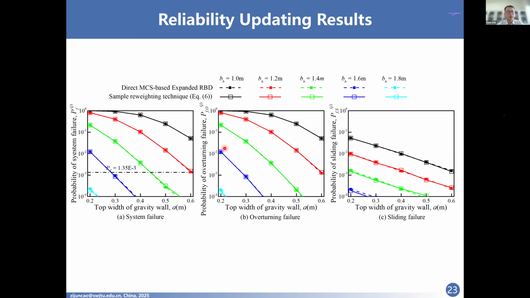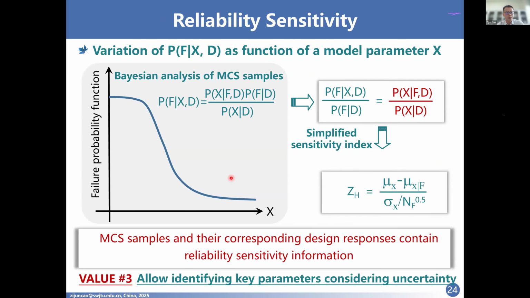The results are shown to be consistent with those obtained from repeated Monte Carlo simulation runs, for which additional computational costs are required. In design, the sensitivity of failure probability with respect to a model parameter may also be of interest.